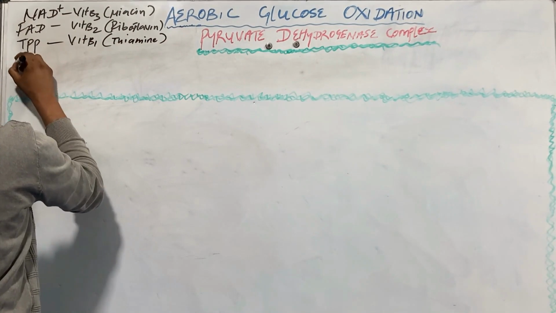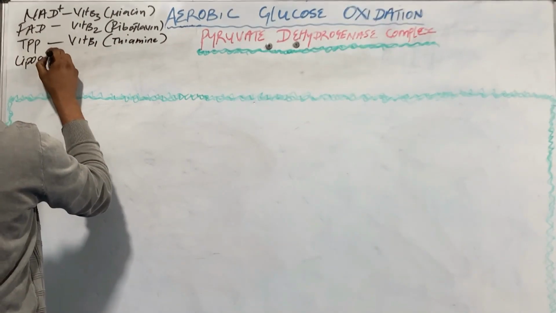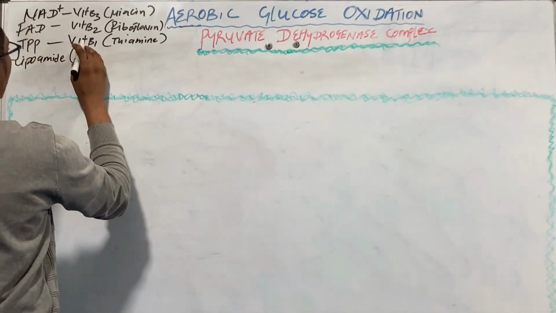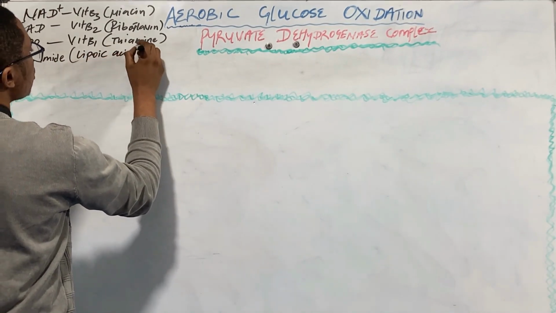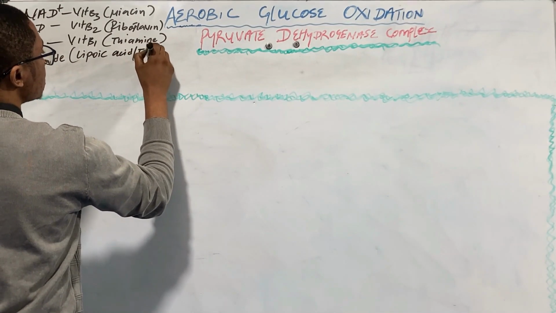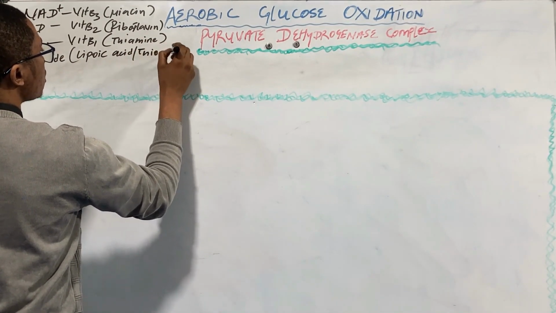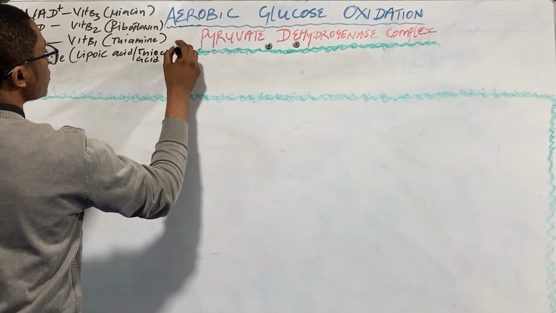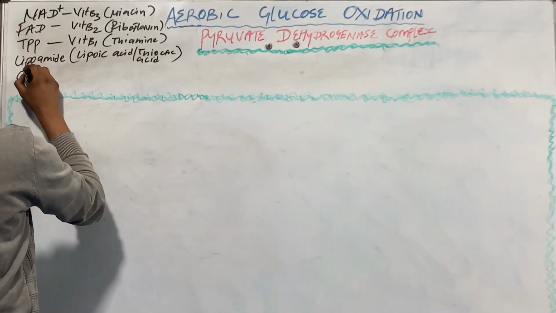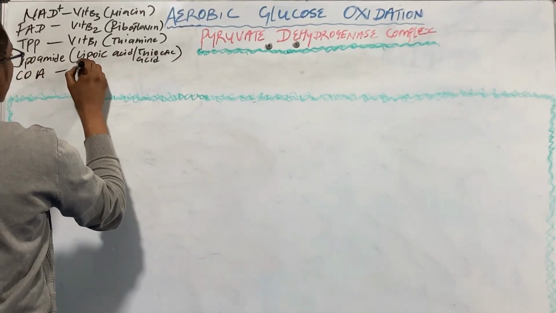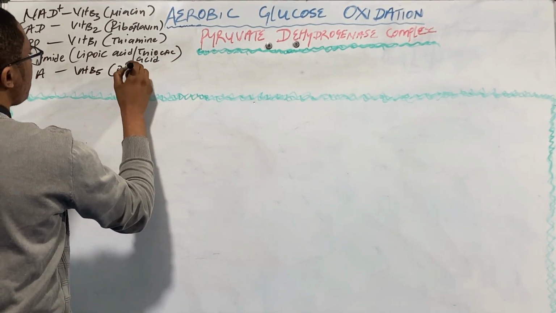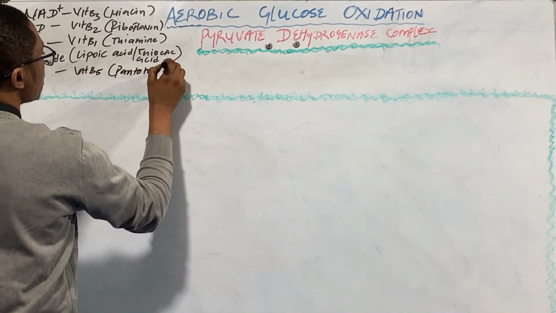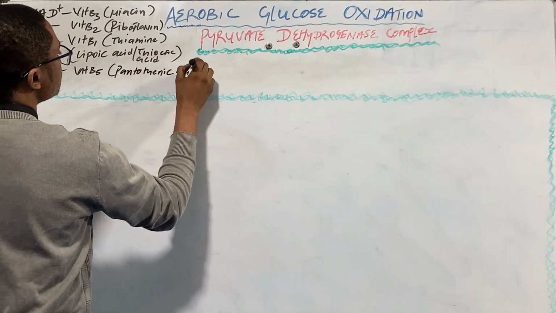And we have lipoamide, derived from lipoic acid, also called thioctic acid. And lastly, we have CoA, derived from vitamin B5, pantothenic acid.